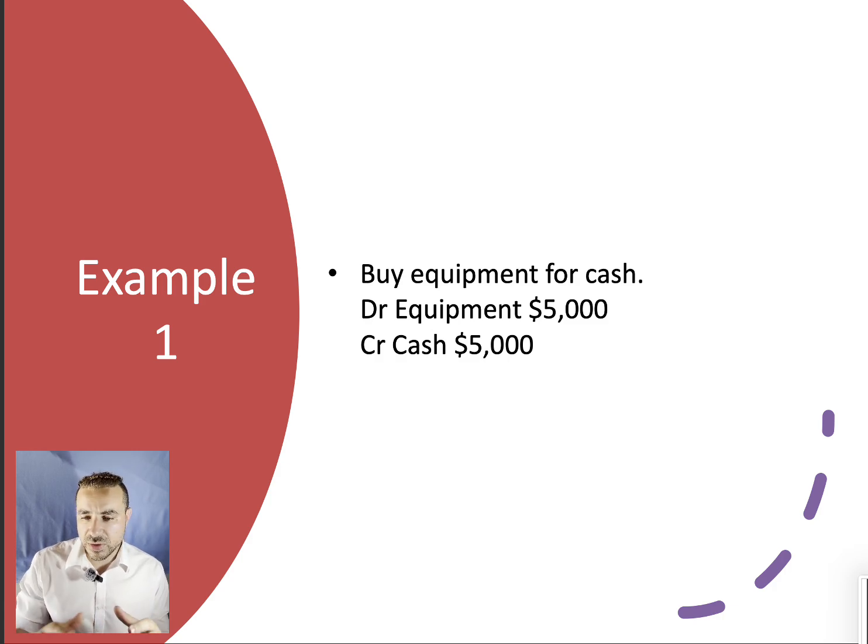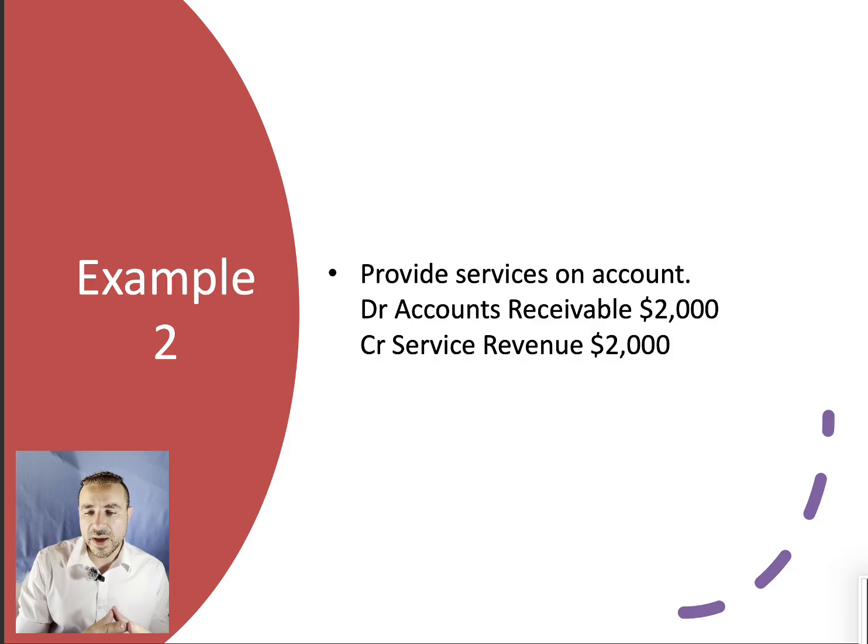Example 2. You provide a service on account, whatever the service is, and you didn't get cash, but you put it on account, on credit. So what will increase here? You didn't take cash, but you made an invoice and you will get this cash maybe after 10, 20, or 30 days.